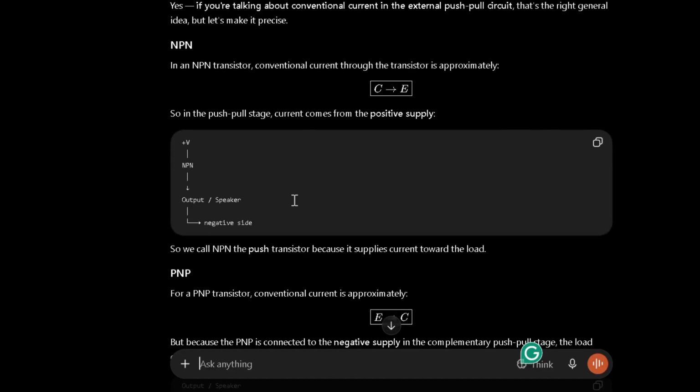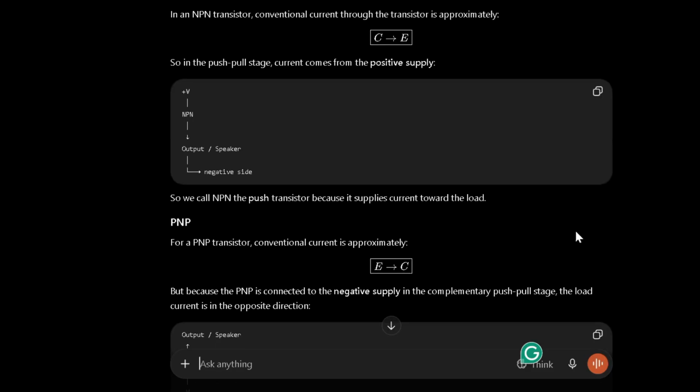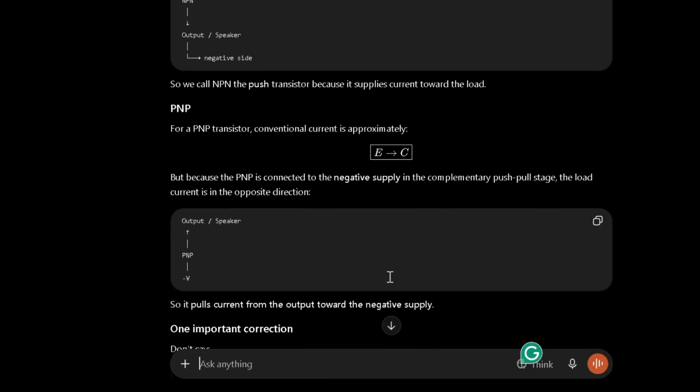So we call the NPN the push transistor because it supplies current from the positive supply. This is the most understandable way to see it. For the PNP, conventional current enters at the emitter, but because the PNP is connected to the negative supply in the complementary push-pull stage, the load current is in the opposite direction.